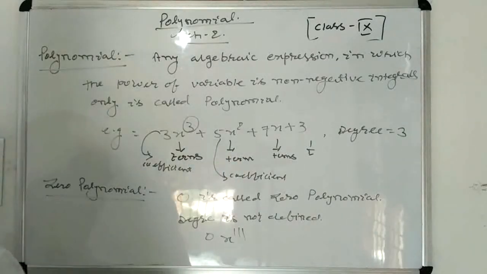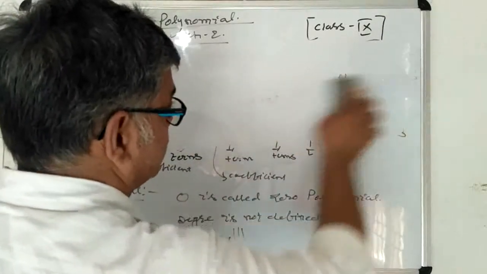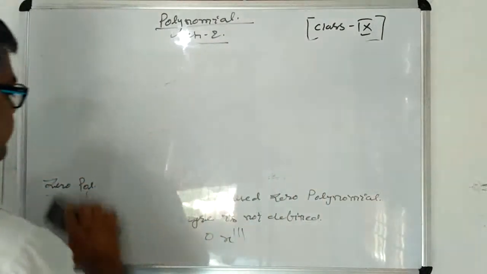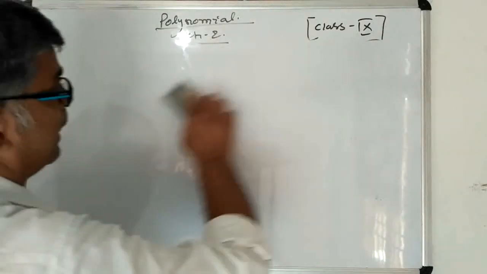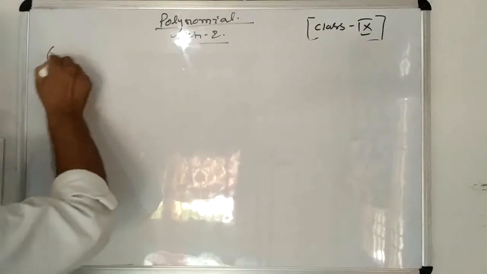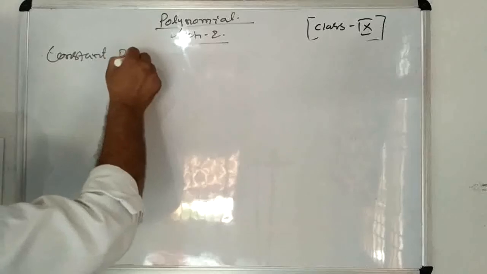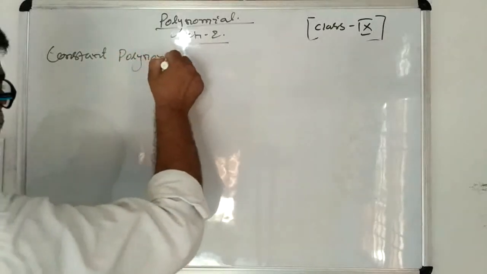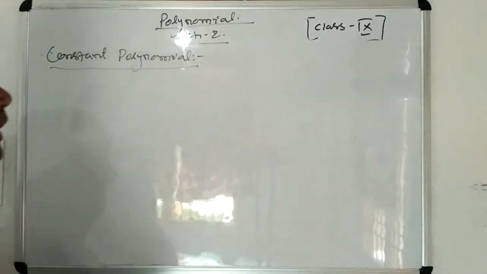Thereafter there is the constant polynomial. One thing more, that is the constant polynomial. What is a constant polynomial?